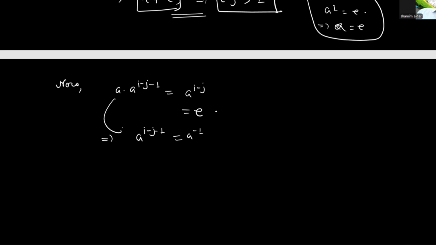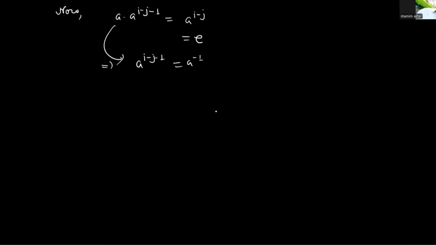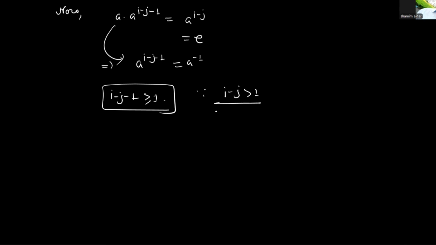And also i minus j minus 1 is greater than or equal to 1, since i minus j is strictly greater than 1. So this implies a to the power i minus j minus 1 belongs to H.